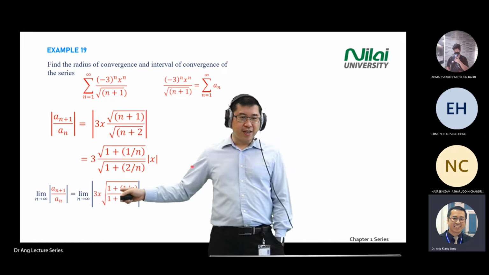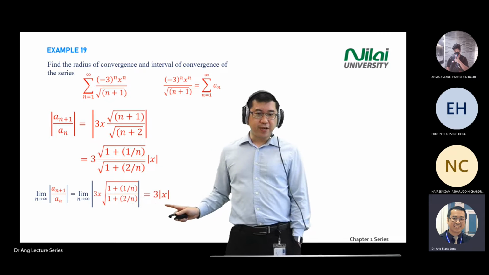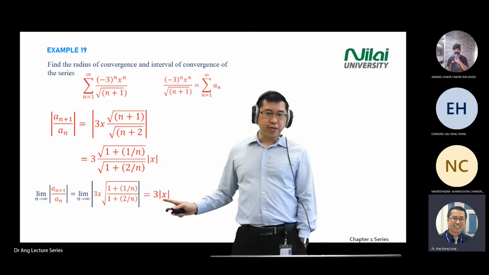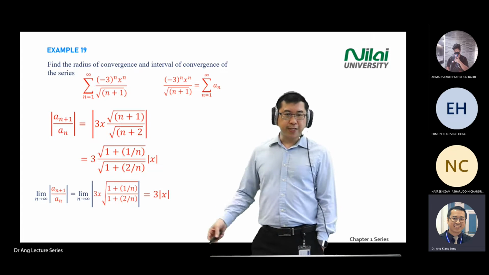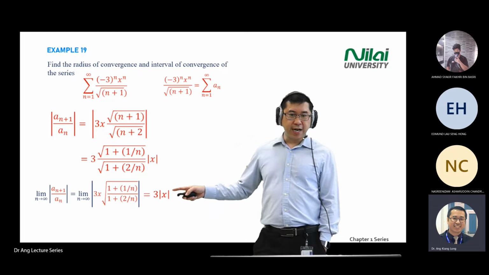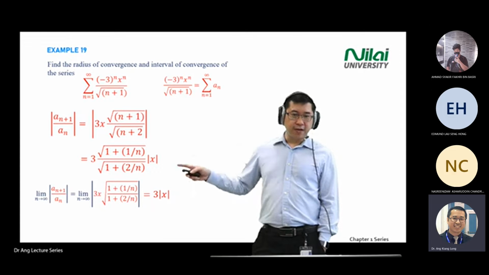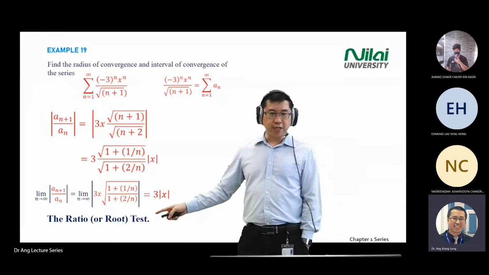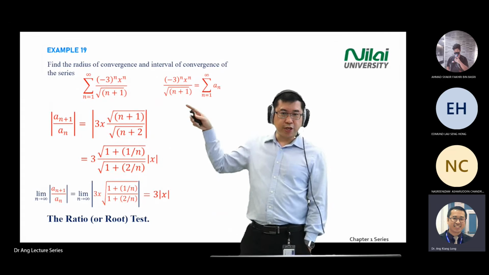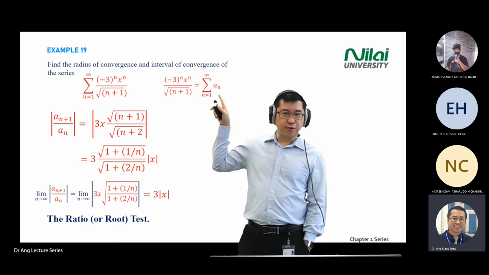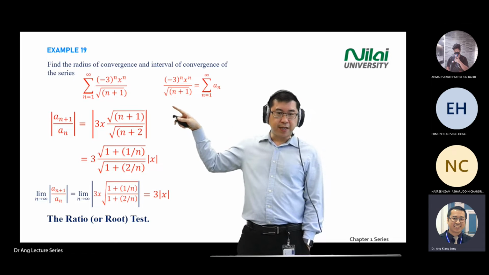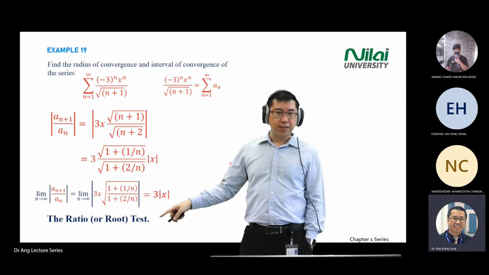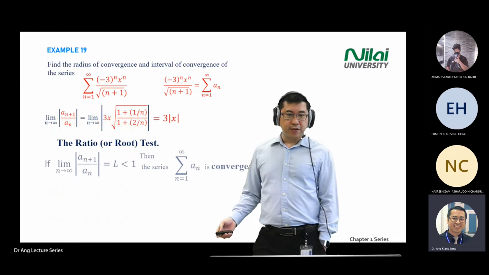So after that, you rearrange, you get 3 goalpost x. 3 goalpost x is your answer for the limit step. Then recall the root test. Previously, you already copied the second step. Once you have your a sub n, you copy the second step for convergence.